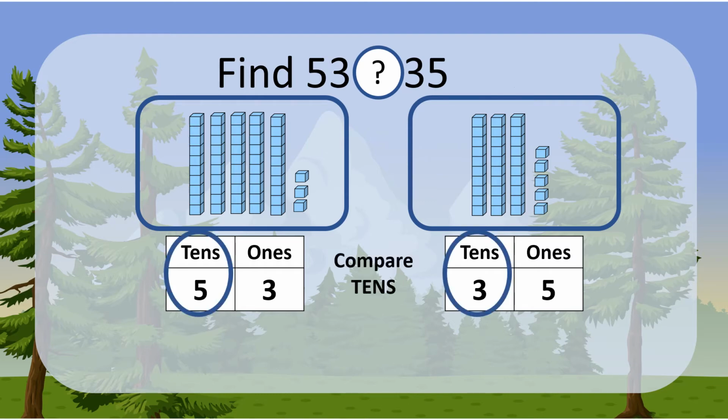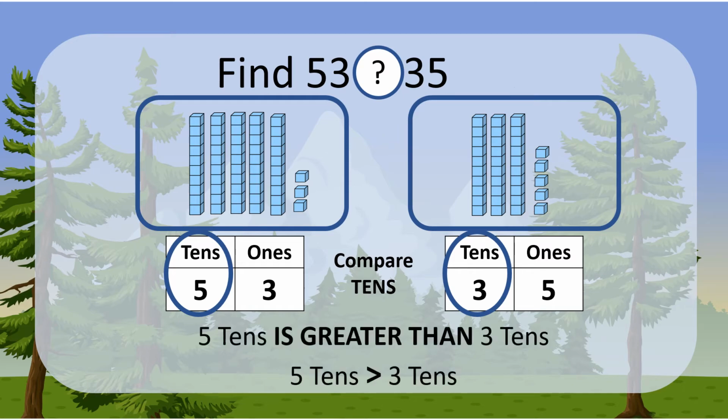When we want to compare these two numbers, we look at the tens place. 53 has 5 10s, 35 has 3 10s. 5 10s is greater than 3 10s or more than 3 10s, and we can use this symbol greater than to show that 53 is greater than 35.